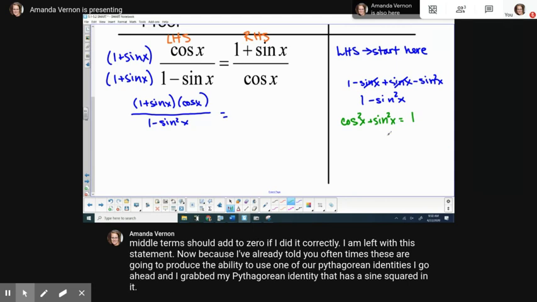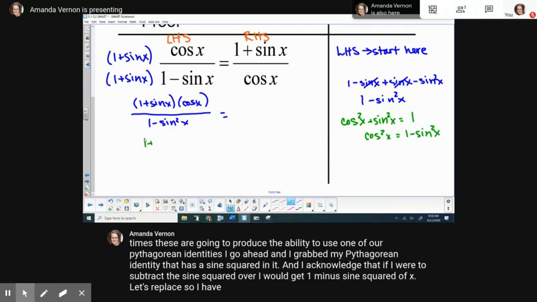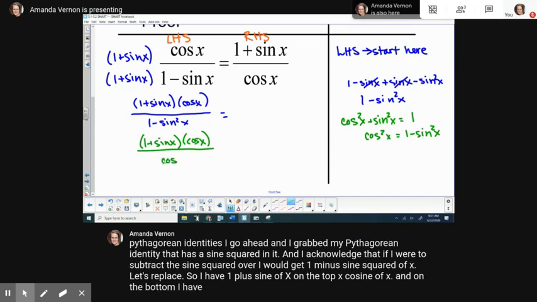And I acknowledge that if I were to subtract the sine squared over, I would get 1 minus sine squared of x. Let's replace. So I have 1 plus sine of x on the top times cosine of x. And on the bottom, I have cosine squared of x.